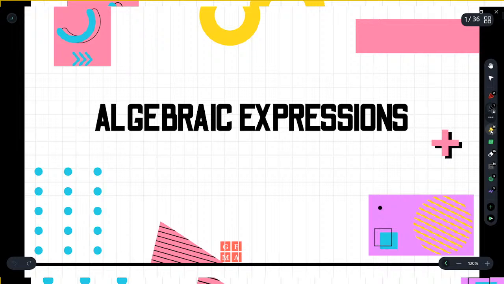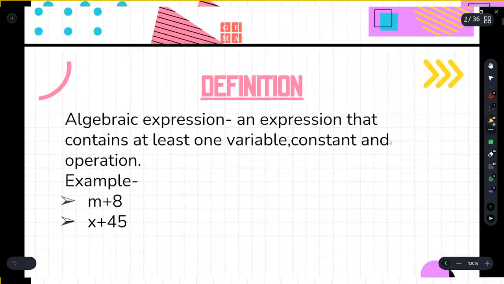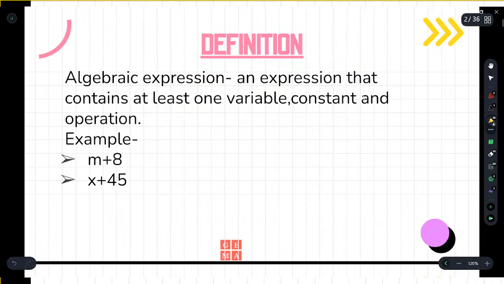So first of all, algebraic expressions, and what are these? Let's find out. An expression that contains at least one variable, constant, and an operation. So these are the terms that we will be using all throughout the class.